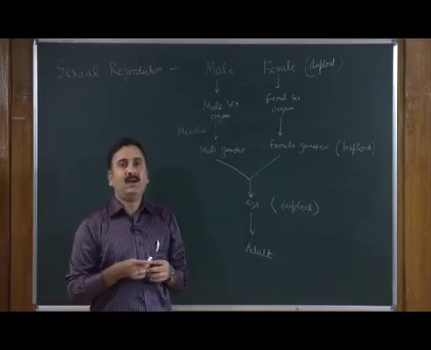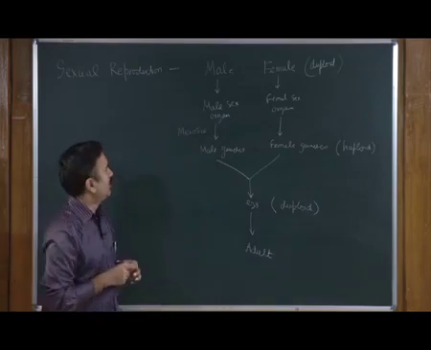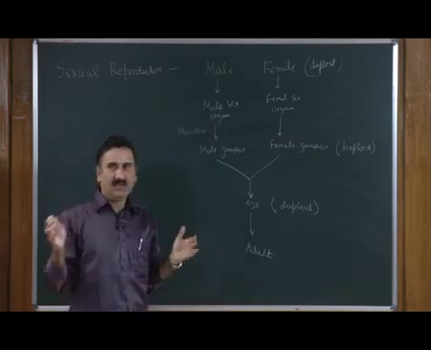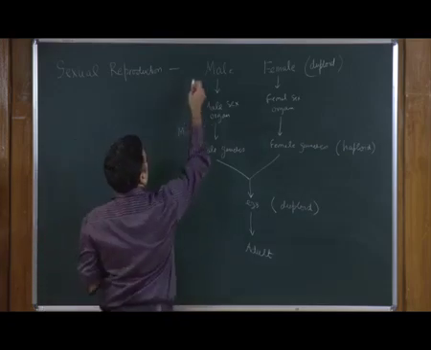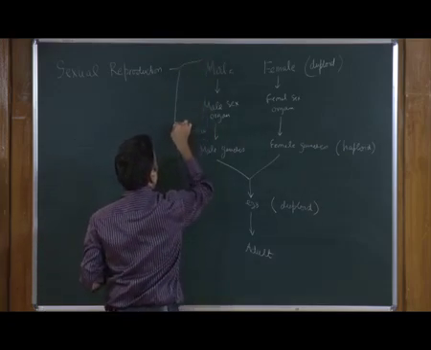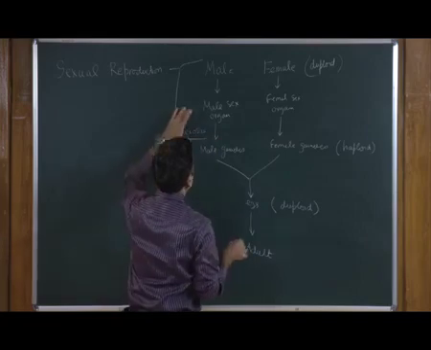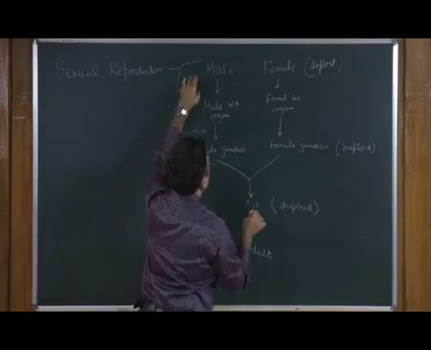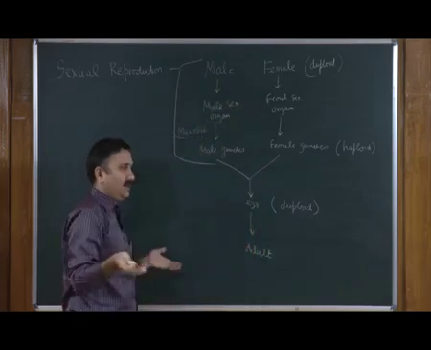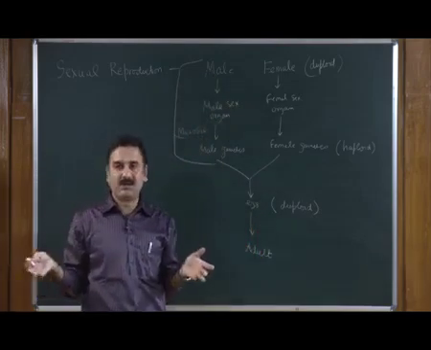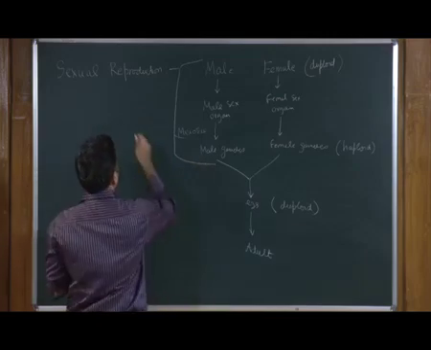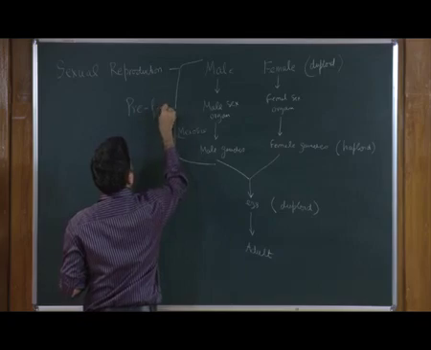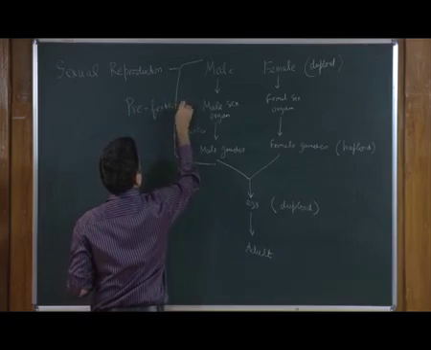So, this is the actual schematic diagram through which sexual reproduction occurs in any organism. If you see this scheme, it has three distinct phases. One is this phase where the male or the female utilize their sex organs to produce the male or female gametes, and that phase is called the pre-fertilization stage.